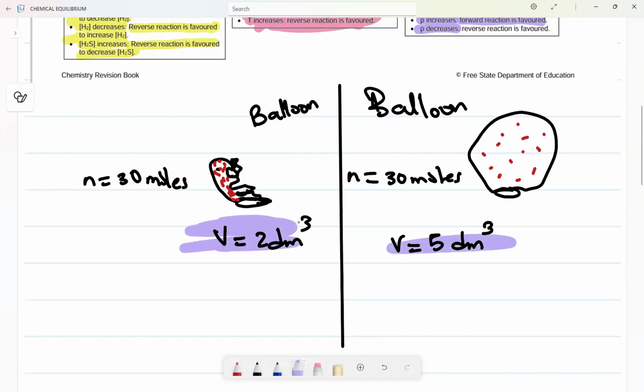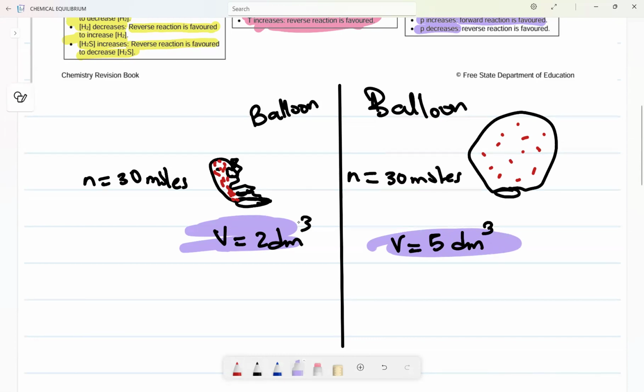So the collisions now become less, so there is less pressure. When you are in a small room and there are many of you, there is a lot of pressure. But when they release you to another room with much space, the pressure is relieved. You can now breathe.